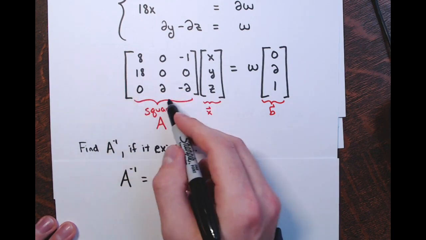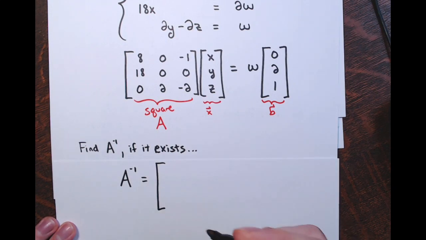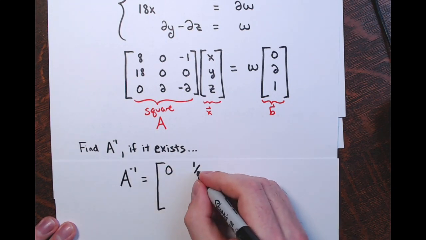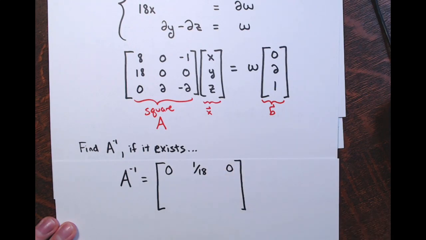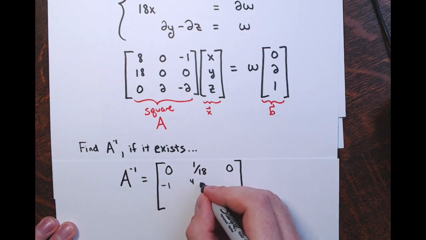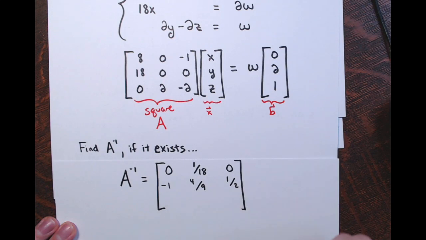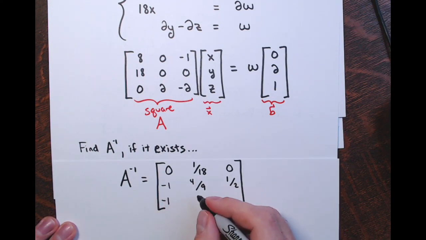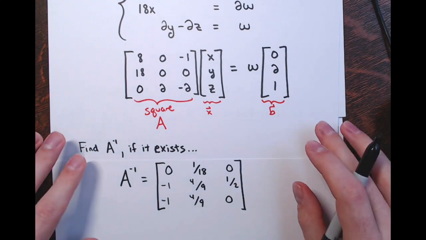The inverse of this square matrix on the left is the following: 0, 1/18, 0 for the first row. Then next row, -1, 4/9, 1/2 for the second row, and -1, 4/9, and 0 for the third row. It does exist.